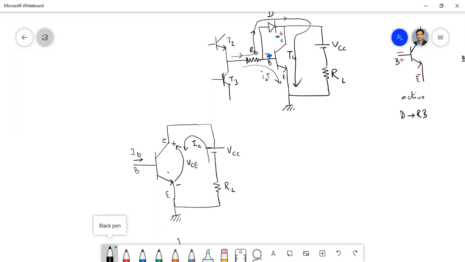Simple KVL. VCC is equal to VCE plus ICRL. Plus or minus? Plus. ICRL, isn't it?